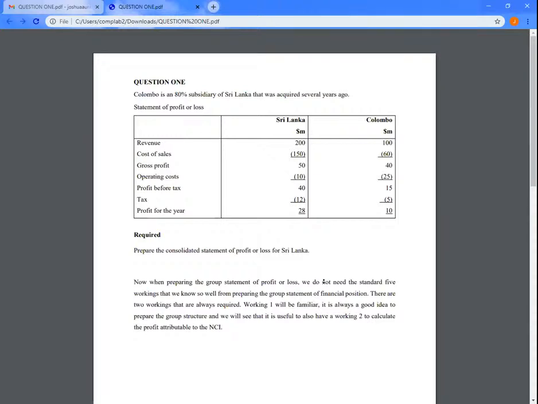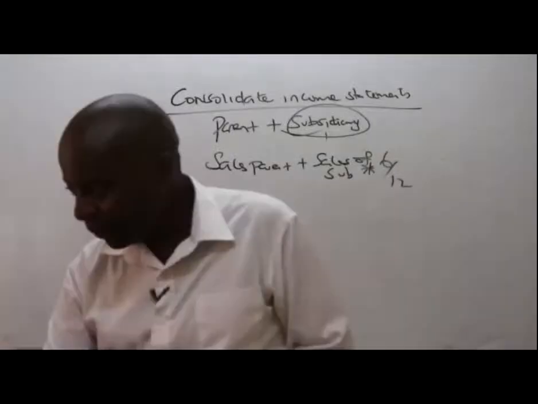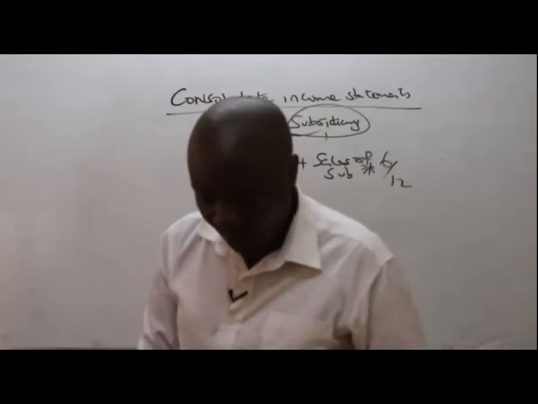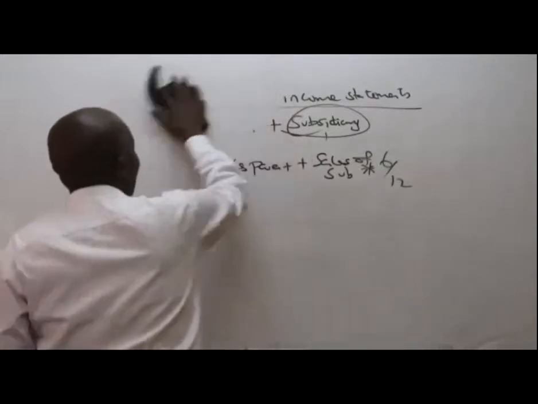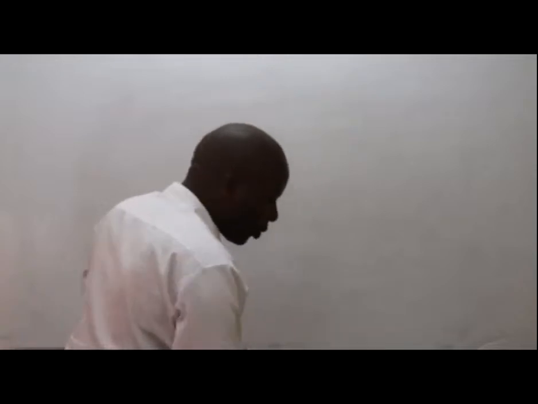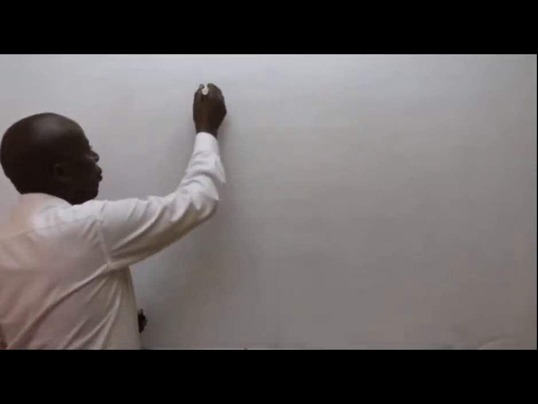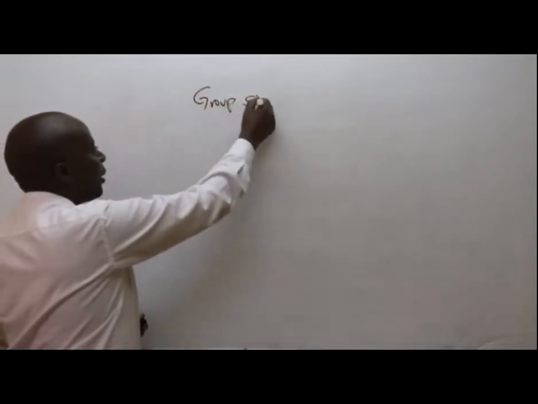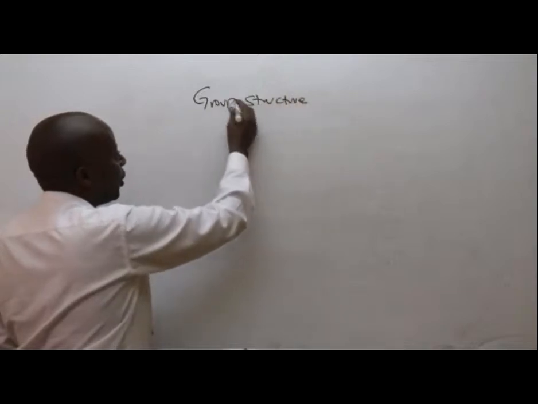Our group structure here really is nothing to worry us at all, because they have even given us that Colombo is owned by Sri Lanka. 80% of Colombo is owned by Sri Lanka. So simply mention there the group structure.